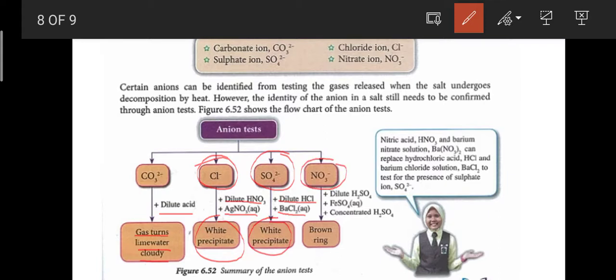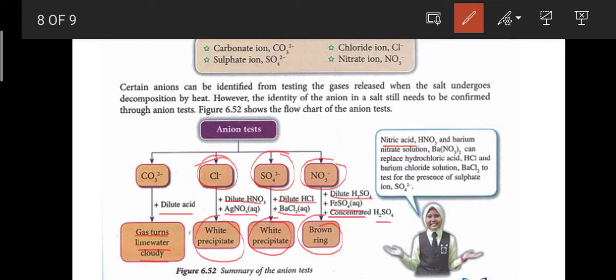For nitrate salt, add dilute H2SO4, sulfuric acid, and then add iron sulfate solution, followed by adding concentrated sulfuric acid, it will form a brown ring. Okay, brown ring.